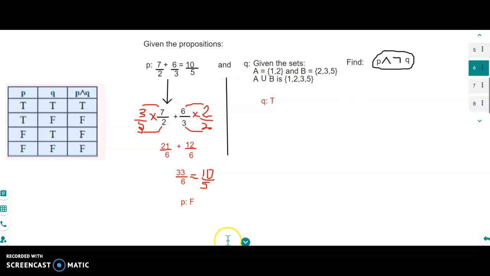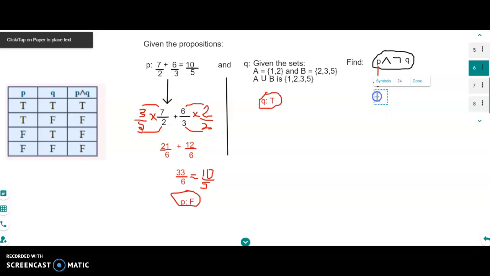So now here we have the truth value of P is false and the truth value of Q is true, but we haven't finished, because there is something missing.